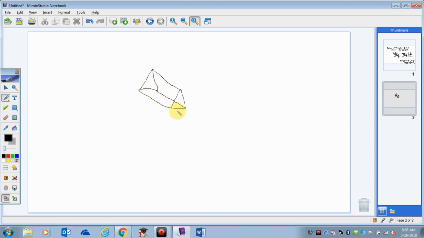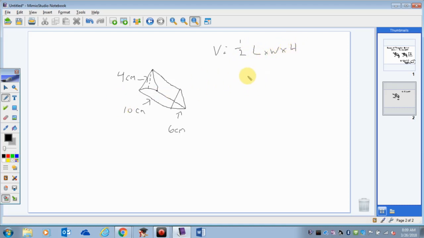Alright, so for the width, it's going to be 6 centimeters. For the length, it's going to be 10 centimeters. And for our height, always look for that dashed line for height. It's going to be 4 centimeters. So the volume is equal to 1/2 length times width times height.